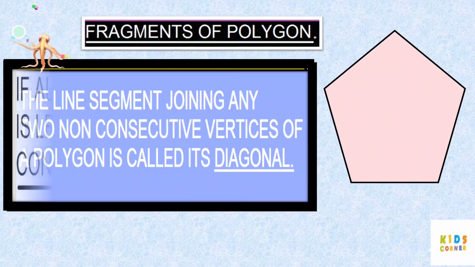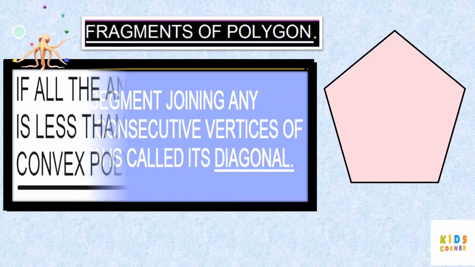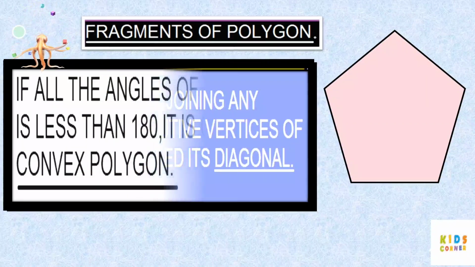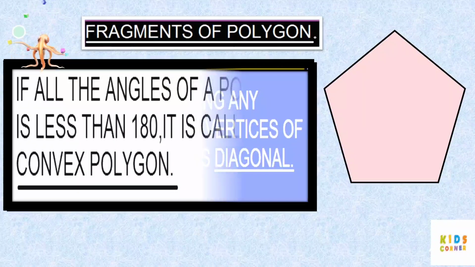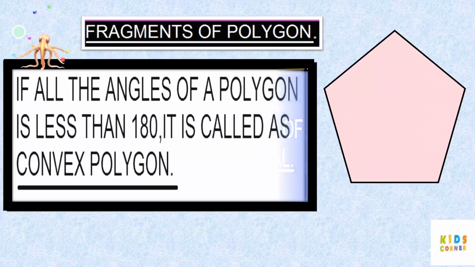Now there are two types of polygon based on their interior angle. First one is the convex polygon. In these polygons all the interior angles are less than 180 degrees. You can see in the figure all the angles in the given polygon are less than 180 degrees. Hence, it is a convex polygon.